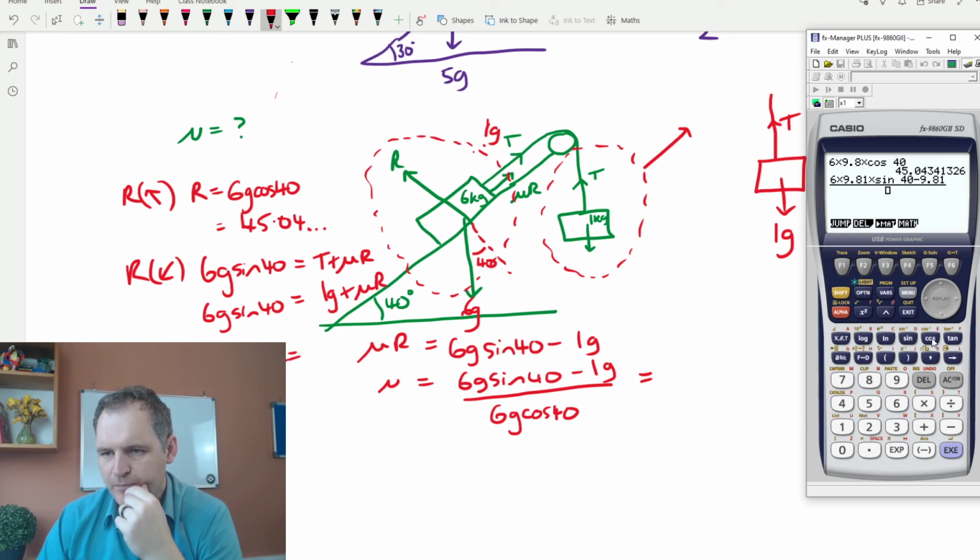On the bottom, we've got 6 times 9.81 and times cos 40.